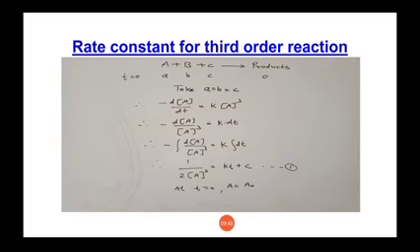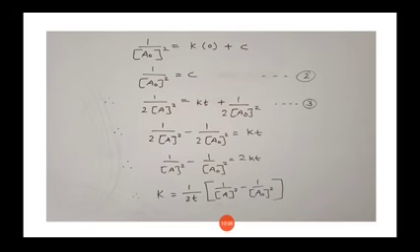That's why we have written A equal to B equal to C. Then we have written the differential rate law for this, that is minus dA by dt is equal to K A raised to cube, because A is equal to B is equal to C. Then simply we have integrated the term. Then we found the value of the integration constant C and substituted it in equation number 1, and after rearranging we get this equation, that is K is equal to 1 upon 2T into 1 upon A square minus 1 upon A0 square.